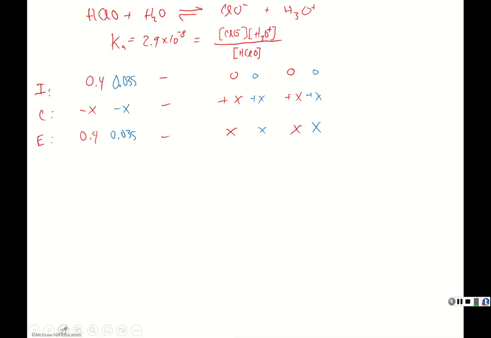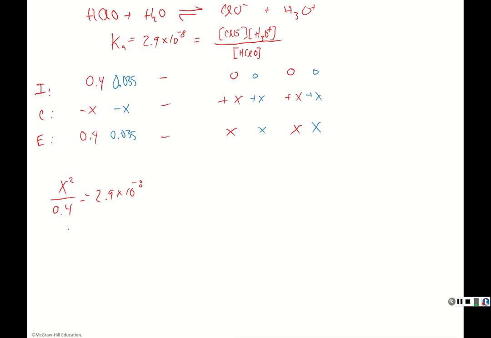Let's do that for the red condition first. So we plug those values into our Ka expression. So here we would have X squared over 0.4 is equal to 2.9 times 10 to the minus 8.